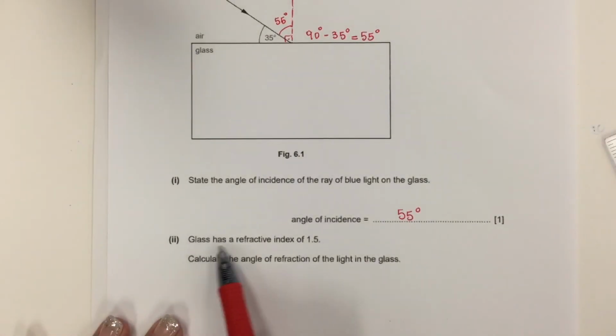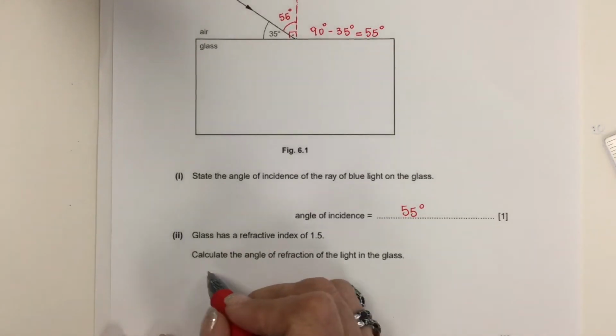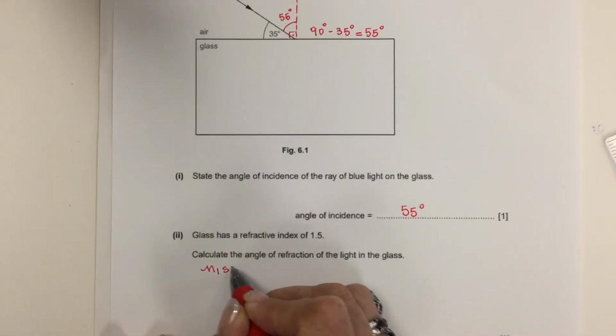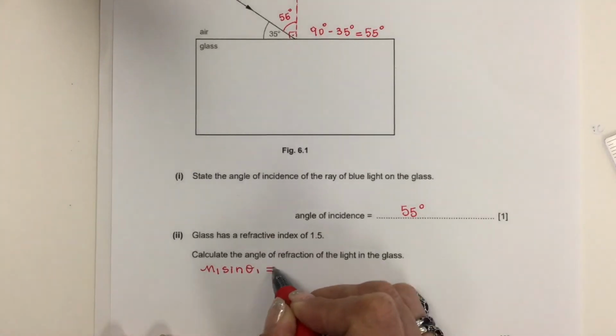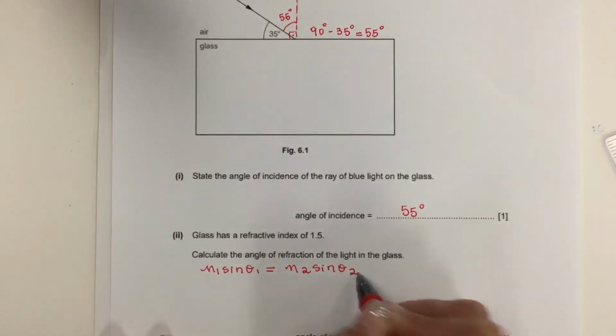Next, it says the glass has a refractive index of 1.5. Calculate the angle of refraction of the light in the glass. Snell's law again. So N1 sine of theta 1 is equal to N2 sine of theta 2.